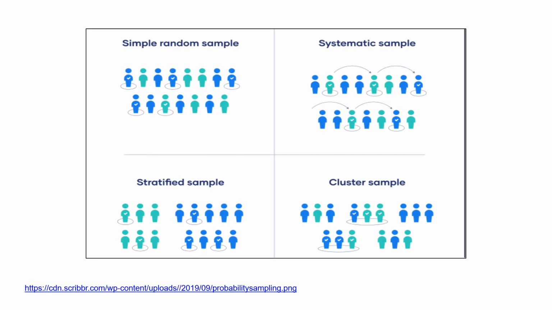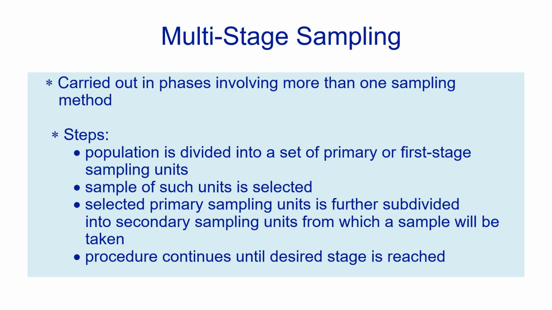In summary, we have an illustration of the 4 sampling designs: simple random, systematic random, stratified random, and cluster sampling. Multi-stage sampling designs are used in community-based studies or nationwide surveys. It is carried out in stages involving more than one sampling method. From the first stage, primary sampling units, a sample is selected.